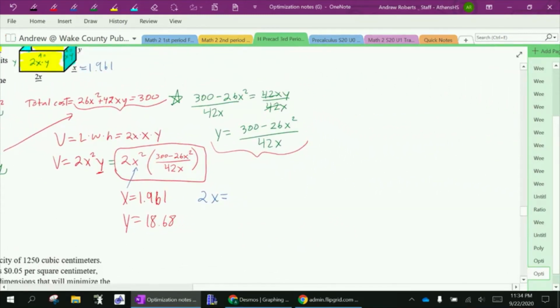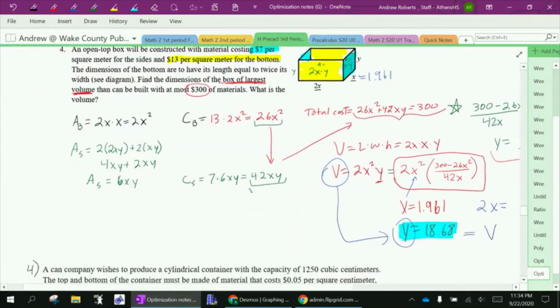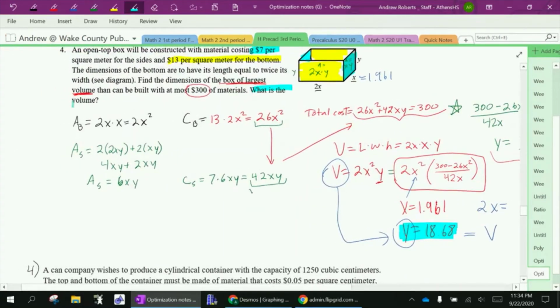That wouldn't be too hard. But the output of this graph is my volume. So I don't actually have to know those dimensions. All I have to know is the volume, which I have right there, 18.68. So sometimes understanding what these variables mean in your graph really helps because they allow you to do less work. You don't have to find all the dimensions. Only thing the question asked for was what is the volume.